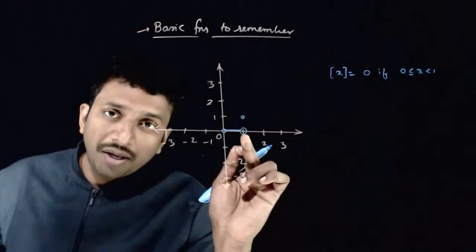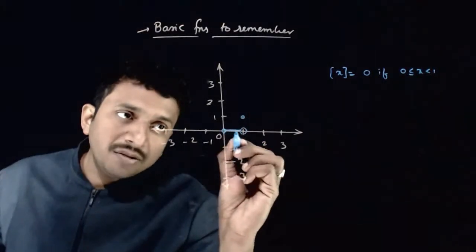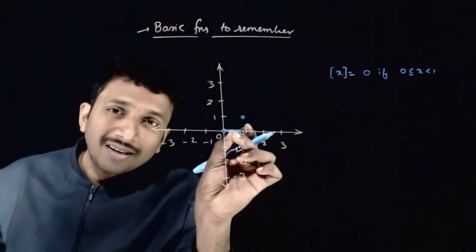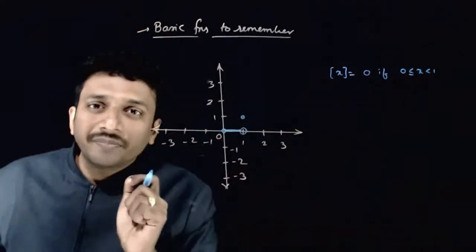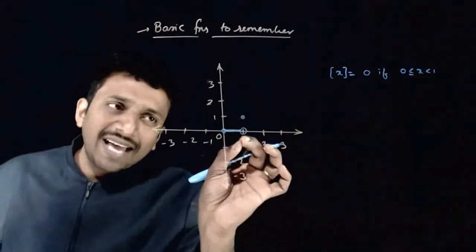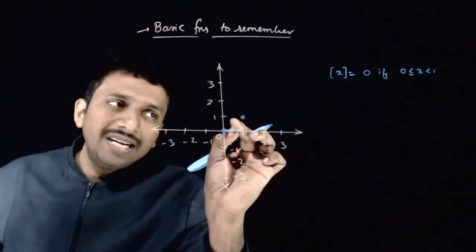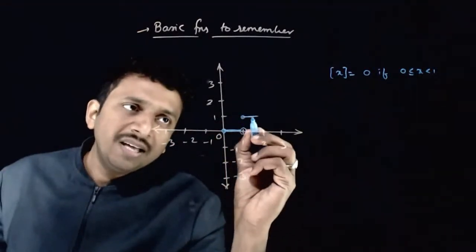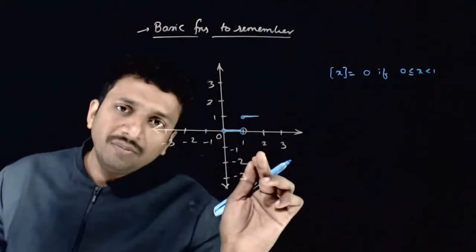So you have a hollow dot here. That is, this value 0 works only till the left neighborhood of 1. That is up to 0.999999, and so on. At exactly x is equal to 1, the integer part jumps to the value 1. And it remains 1 till x is equal to 2.